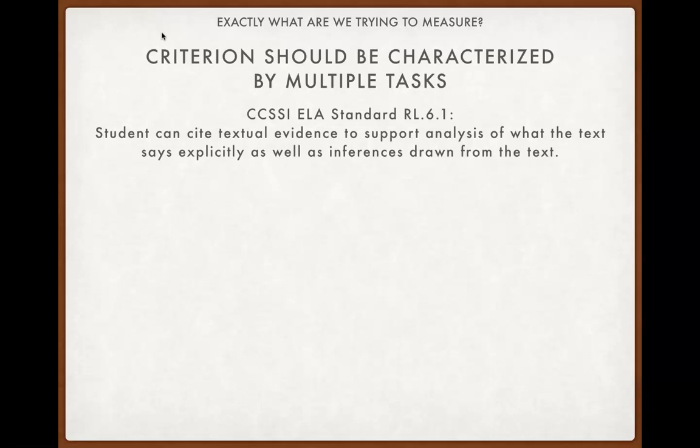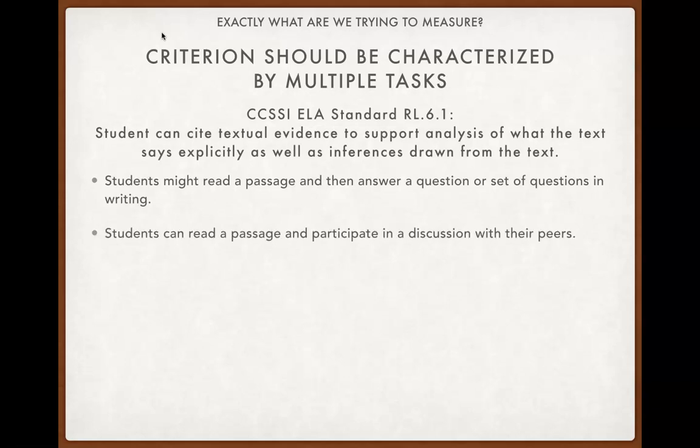So some tasks: students might read a passage and then answer a question or set of questions in writing. Pretty basic assignment, right? But that's one way they could demonstrate how they can explicitly or draw references from what they've read. Students can read a passage and participate in a discussion. Maybe you teach an online class, but it doesn't have to be online.